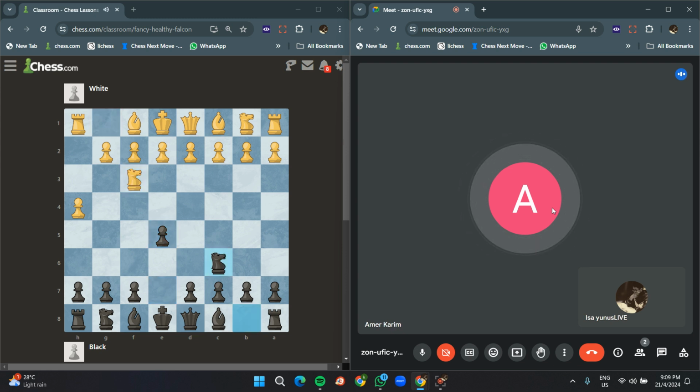Like this, take the center, develop pieces, and after you finish all the development, you start looking: my opponent has played h4, so this is not a good idea. Then use this weakness.